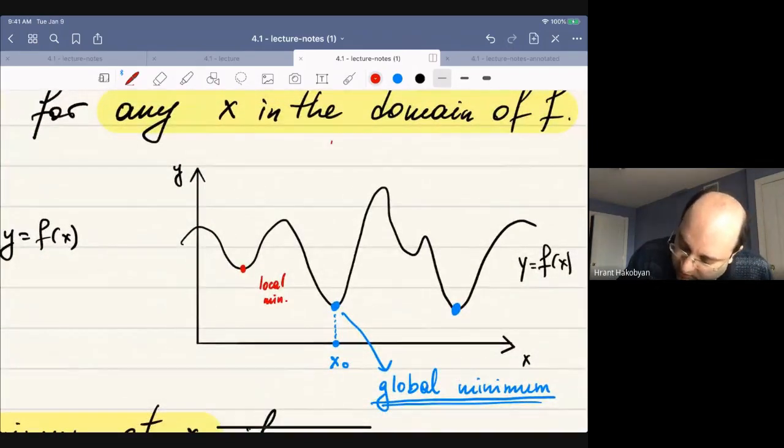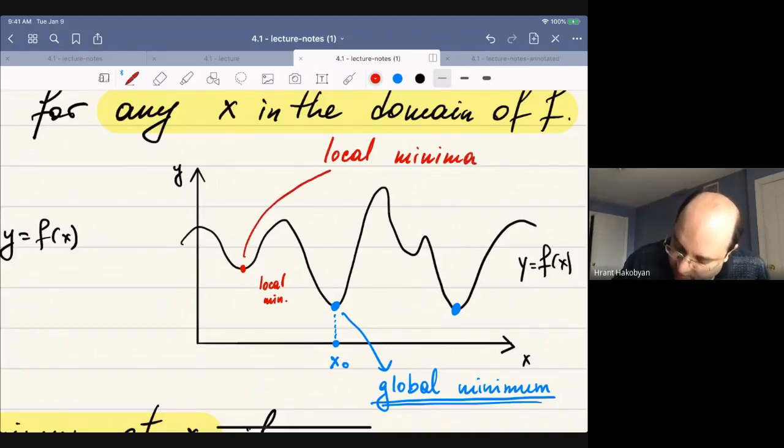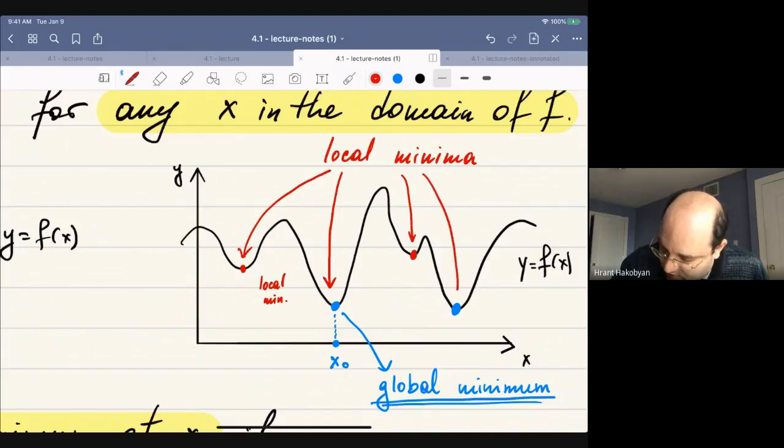So the local minima are all these points. This point here, this point here, this point here, this one here, and also this one here. So all of them are local minima, right? Because locally they are kind of the smallest values.